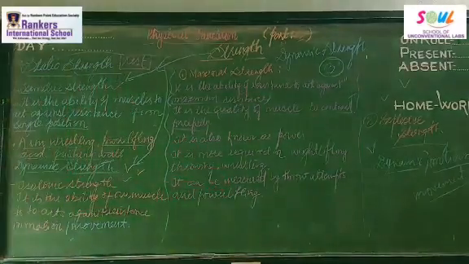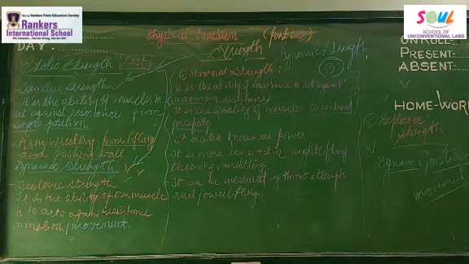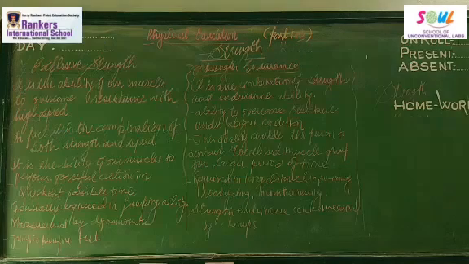Now we are going to learn about two more types of strength, right? They are explosive strength and strength endurance. After this, we will also let you know how you can improve your strength, and what exercises you can perform to improve it.